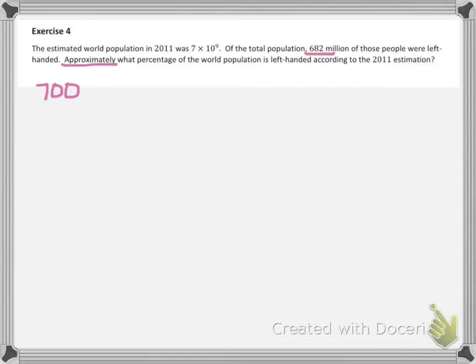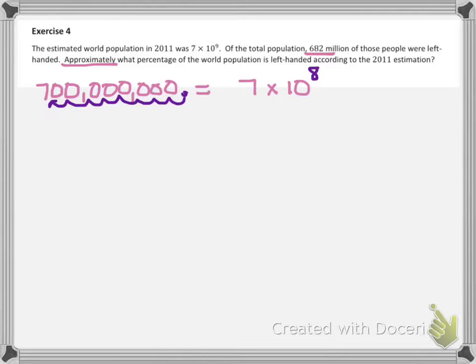So 700 million would be this number, and then we're going to write that as 7 times 10 to some power. Well, again, remember, we're going to be moving our decimal, which is here. 1, 2, 3, 4, 5, 6, 7, 8 times. So this is going to be 7 times 10 to the 8th.